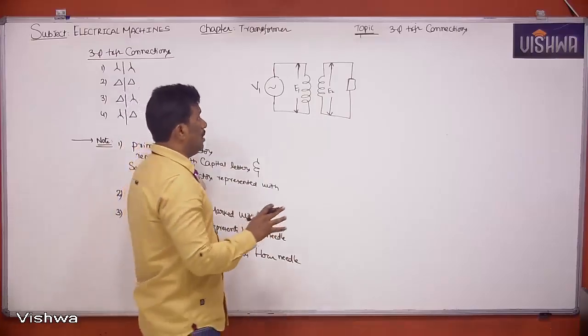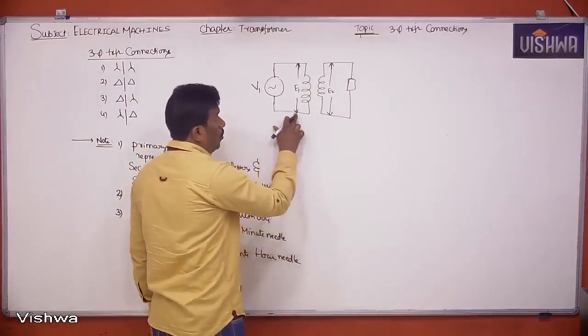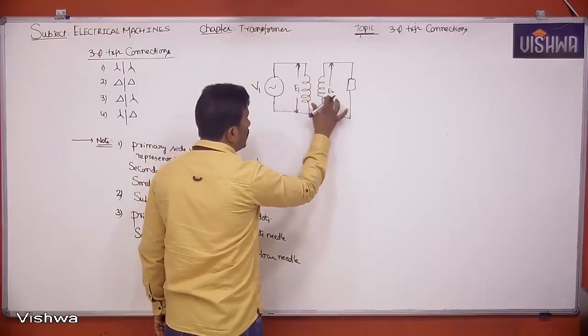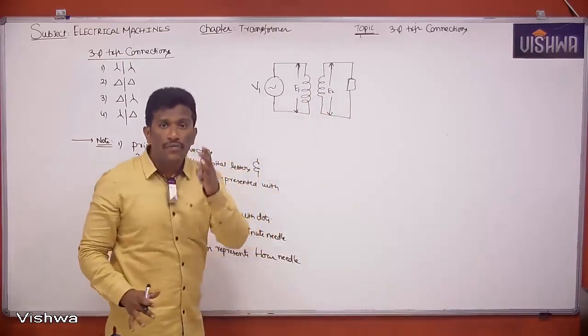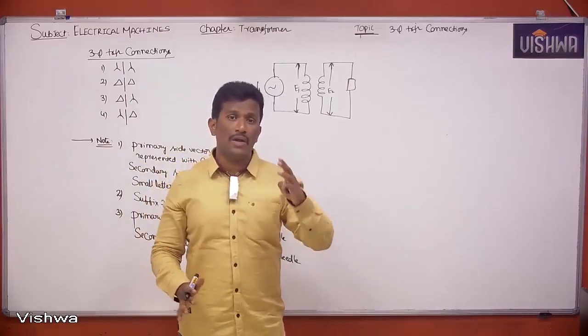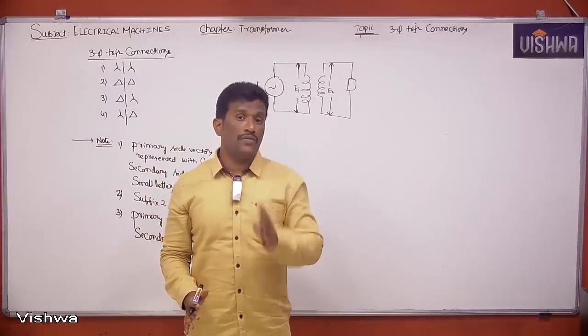There you'll have some idea what the angle between E1 and E2 is. E1 and E2 are in phase vectors. They are parallel vectors.